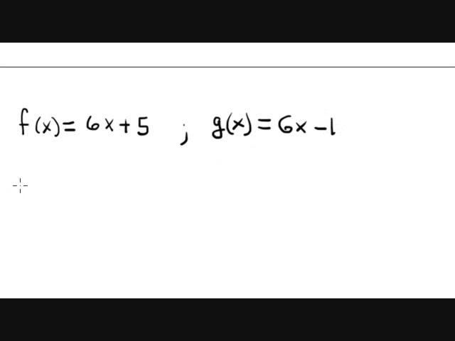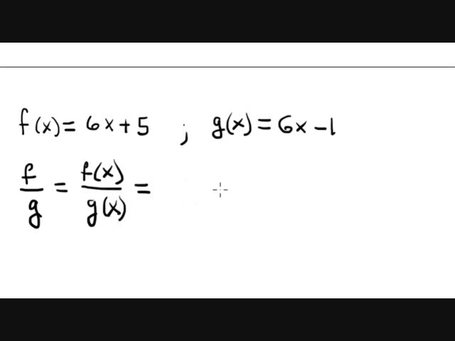And the requested function is f divided by g. You can represent it like that, or like f of x over g of x. It's the same thing. Sometimes the x is omitted, but it's the same. So f of x is 6x plus 5, and g of x is 6x minus 1. You can leave it like that.